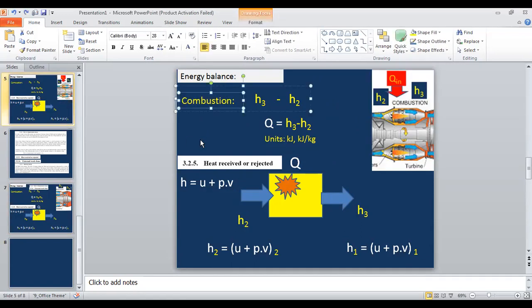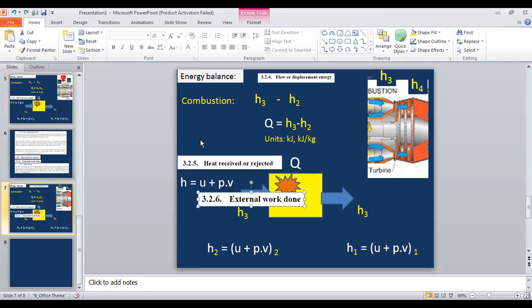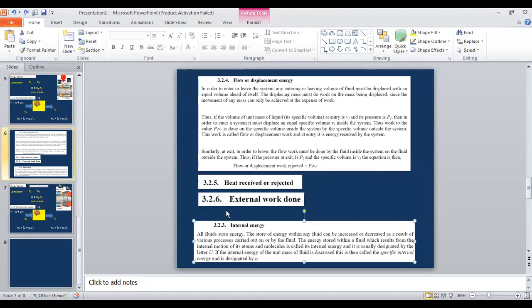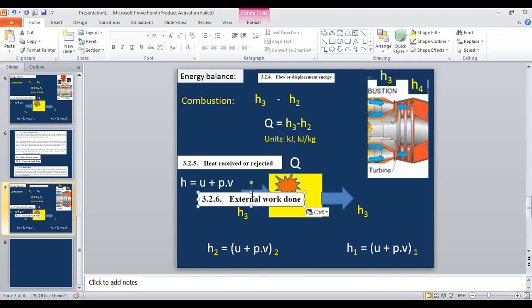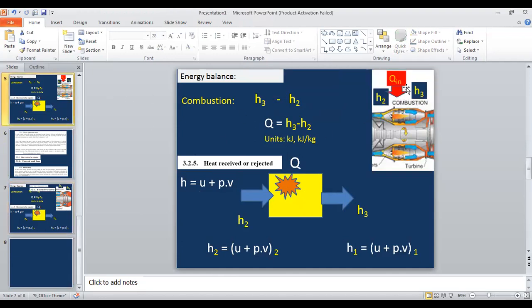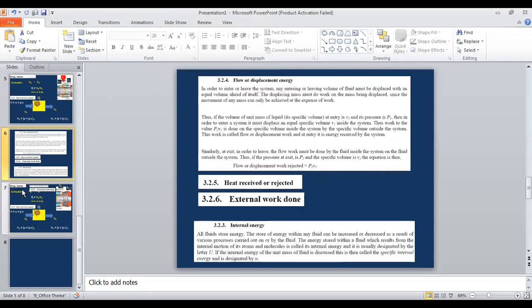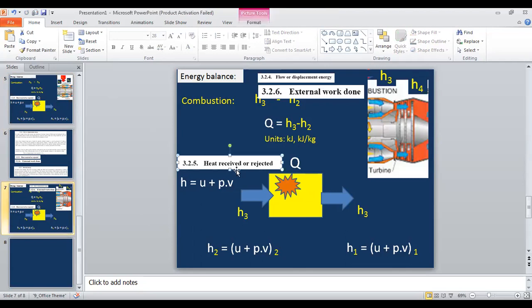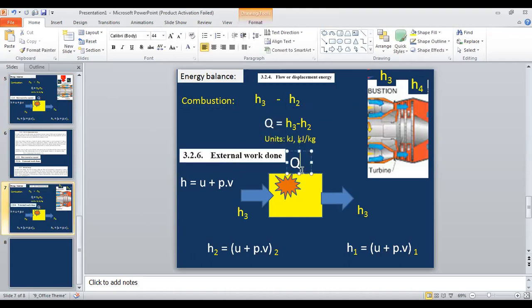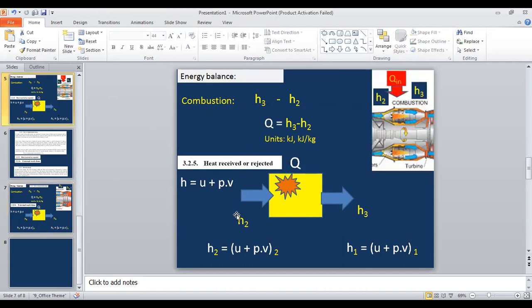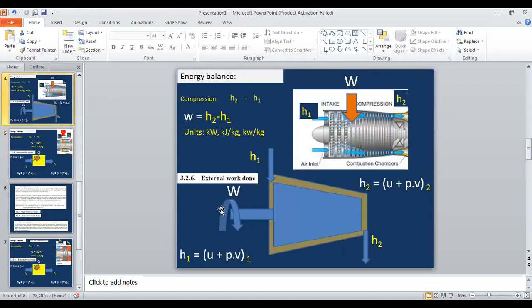I disturbed this slide. So I should come here for that. External work done. Here is the turbine. Here it is the combustion. So external work done, W. So W is the relevancy now.